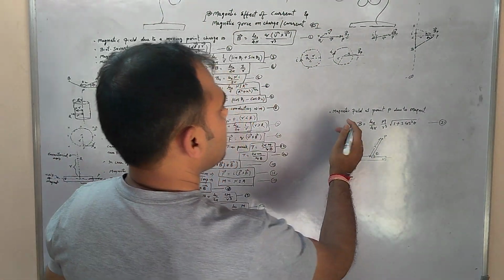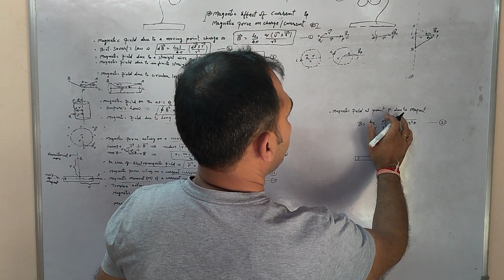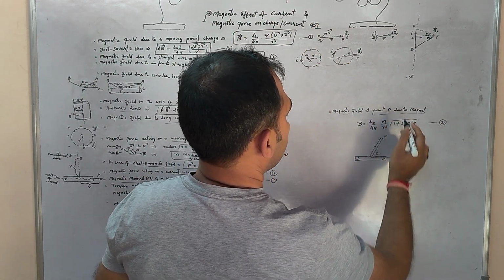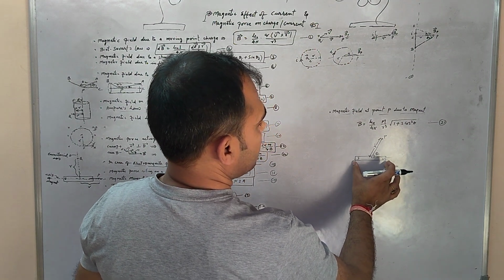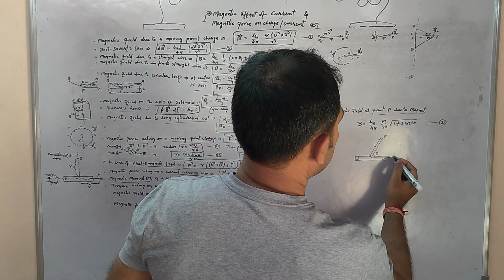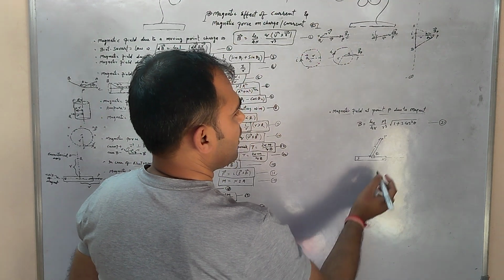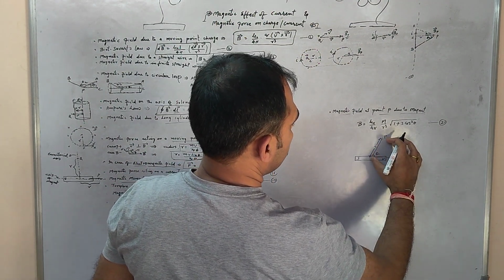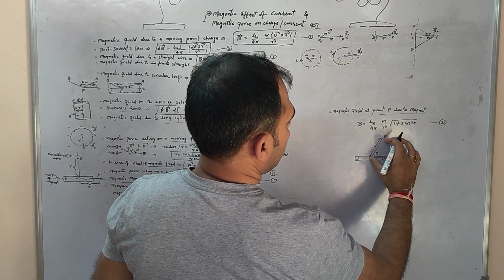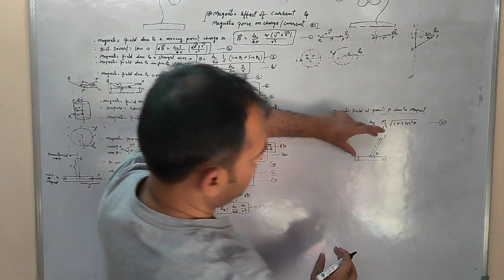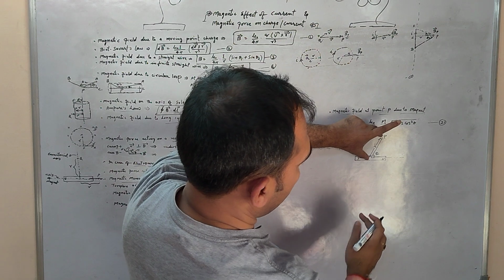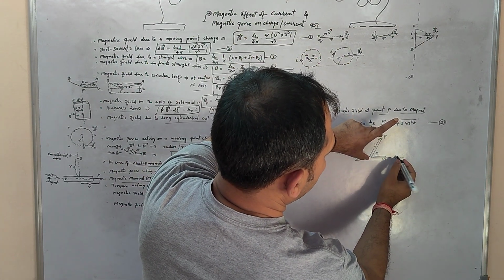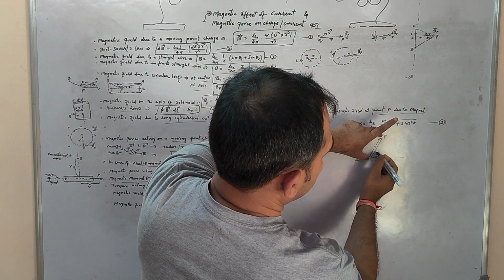Next and last is the magnetic field at a point due to a magnet. Point P. So if this is a magnet, this is the axis of the magnet, and here is a point P at distance r, and this position vector r is making angle theta with the axis of the magnet. This is theta.